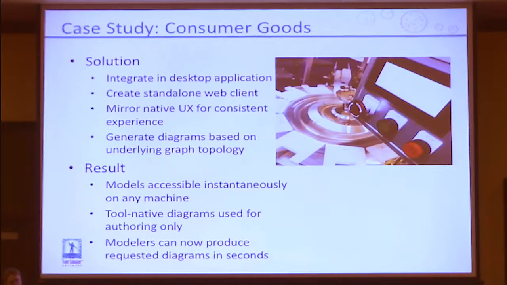And you can describe fairly simply what is a block definition diagram supposed to look like from a particular reference block, right? And so this is what they did, and it gave them the ability to instantaneously generate all of their diagrams in desktop or in web, so that, again, they just completely eliminated this step, and it gave everyone that needed access to this model instant access to it with exactly the slice of the model that they need.